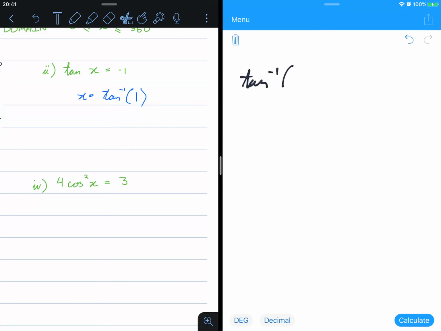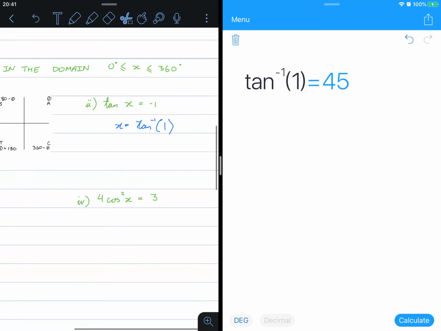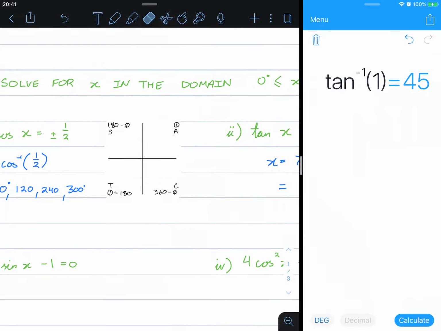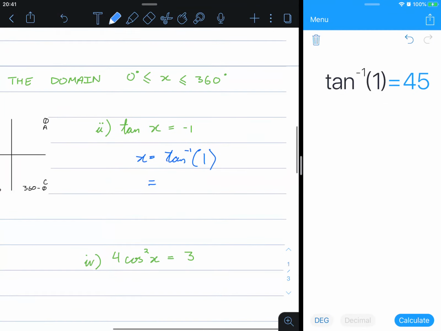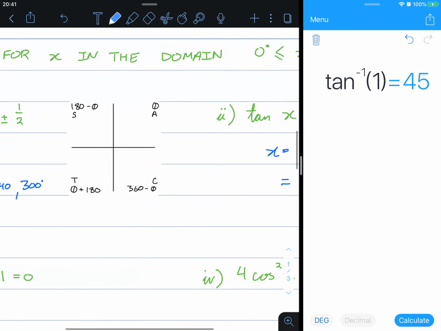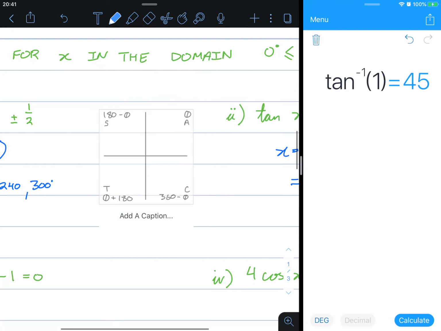Tan inverse of 1 is 45 degrees. I'm not going to write this as 45 because tan of 45 is +1. We want -1.